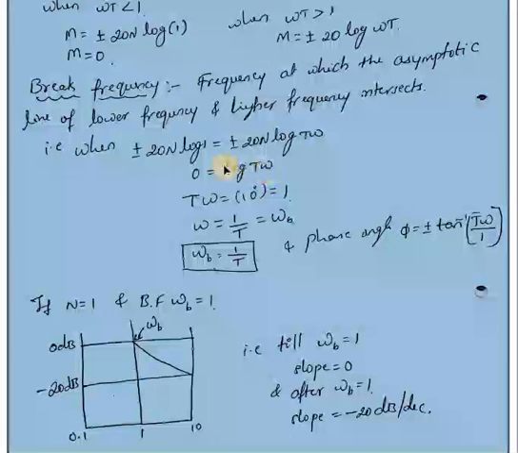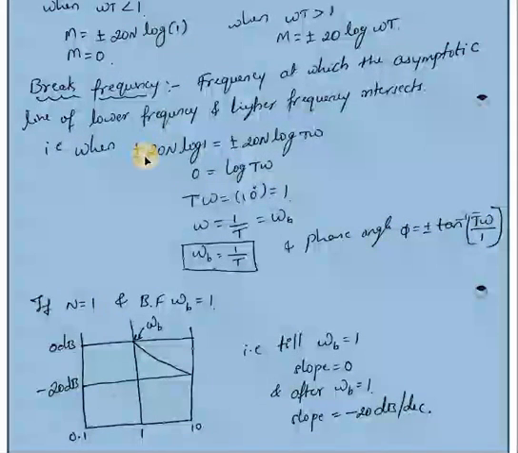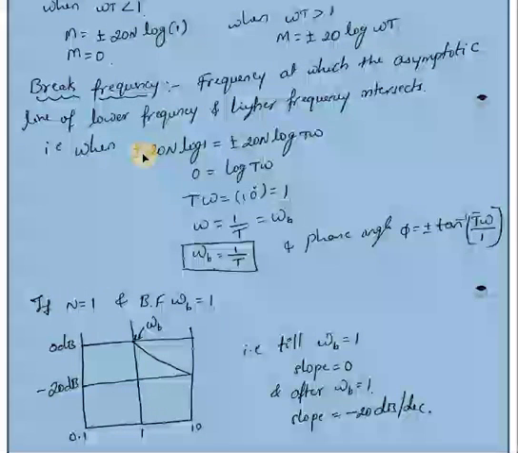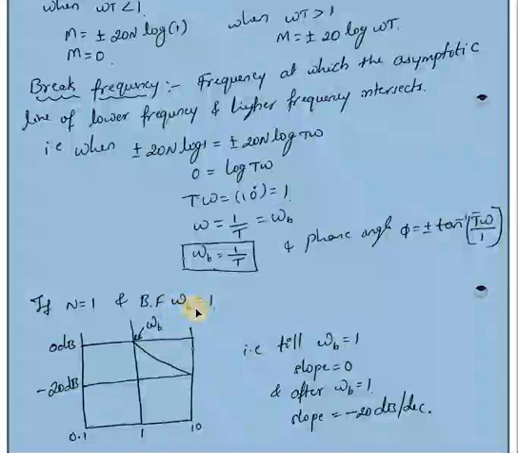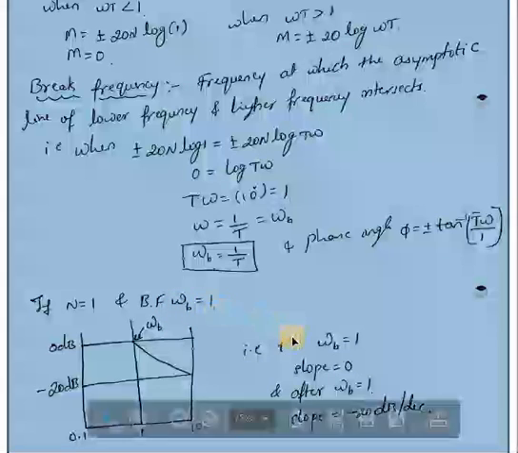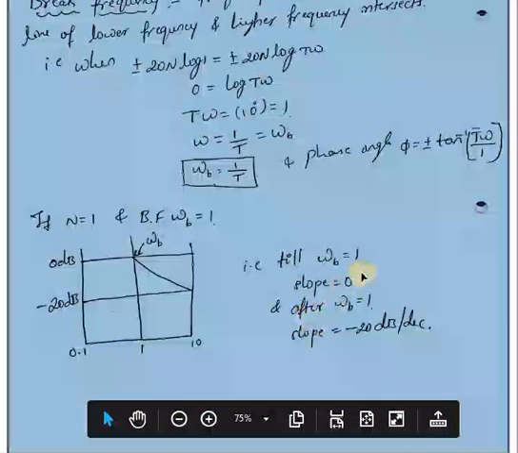Whenever we write this plus or minus, if the term is in the denominator, you have to take it with a negative sign. If the term is in the numerator, you have to take it with a positive sign. Remember that. So if n equals 1 and the break frequency omega b is also equal to 1, then till omega b equals 1, the slope is 0. After omega b equals 1, the slope will be minus 20 dB here.